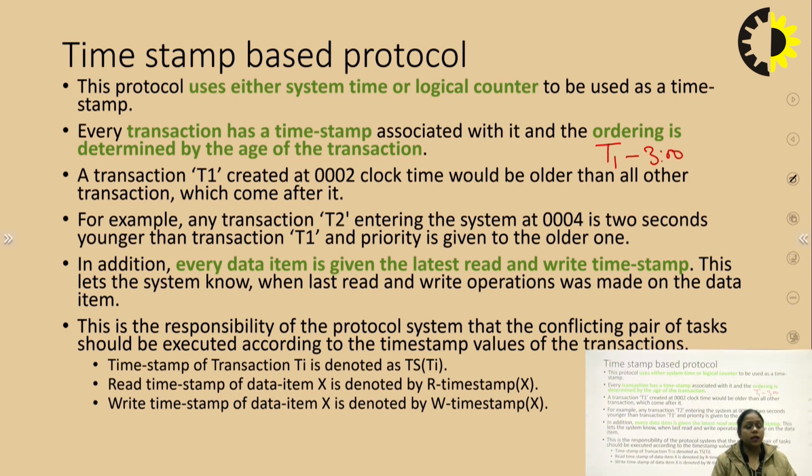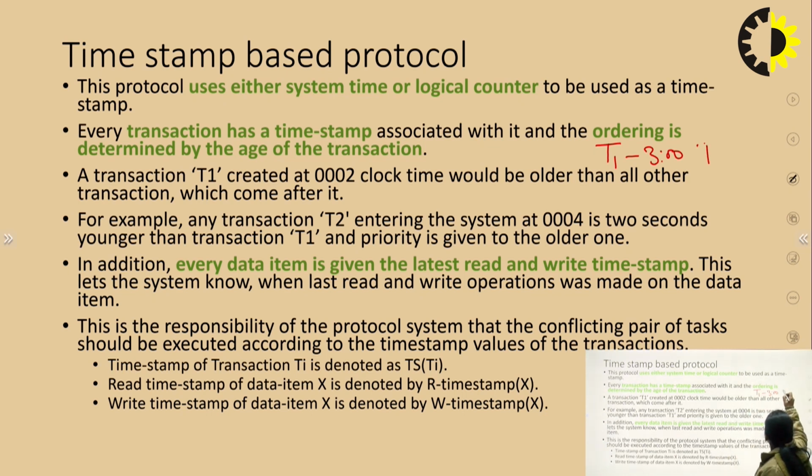So, we will give a timestamp to a particular transaction. It can be a value or it can be a time, the time at which it comes into the system. So, here T1 comes at 3 o'clock, so we can say this is the timestamp value of T1.